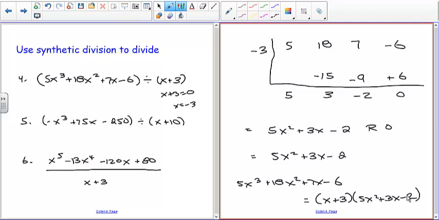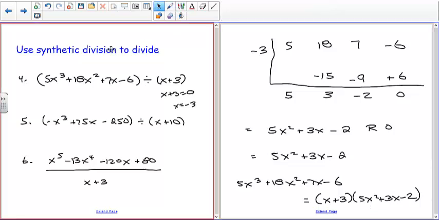And now, if I wanted to see if there was a factor associated with this, I could use completing the square, quadratic formula. I could do it by observation. So a lot of times we're trying to figure out one of the factors, so that we can get from a third order polynomial to a second order polynomial, and then just use other techniques to come up with all three factors, if there are three real factors.